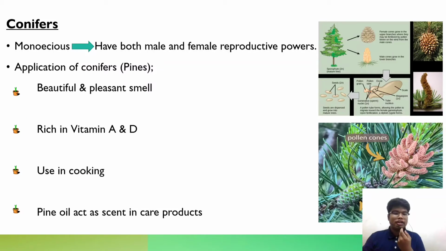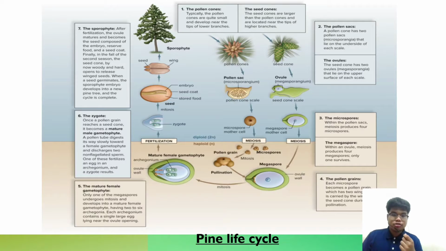Pines also have medicinal value, as they are rich in vitamins A and D that can be used to ease the symptoms of fever and cough. The pine nuts can be used in cooking, while pine oils can act as scents in care products, for example deodorant and perfume.